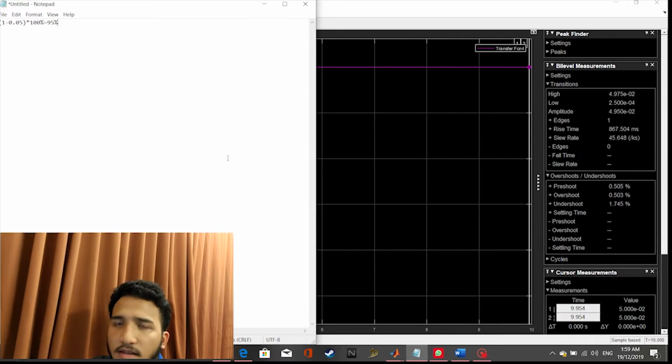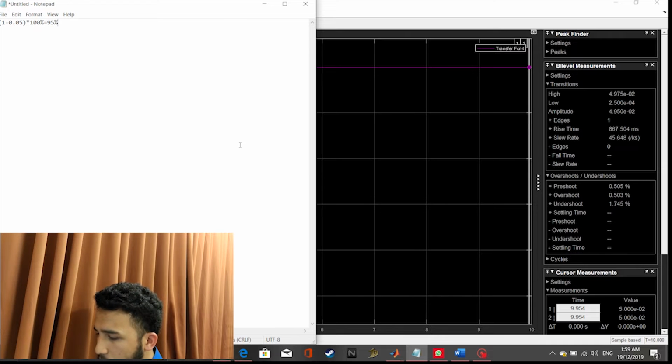So at least the steady state error needs to be below 2%. So we will show how proportional, integral and derivative will help us to achieve the requirement.